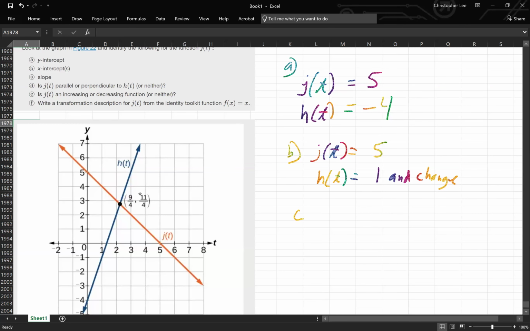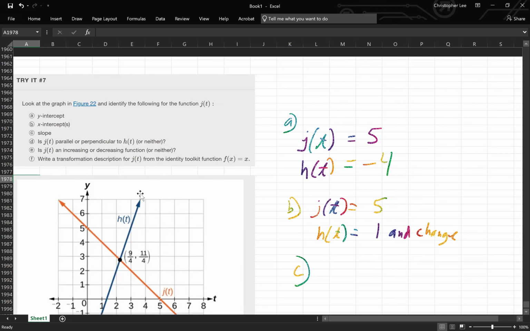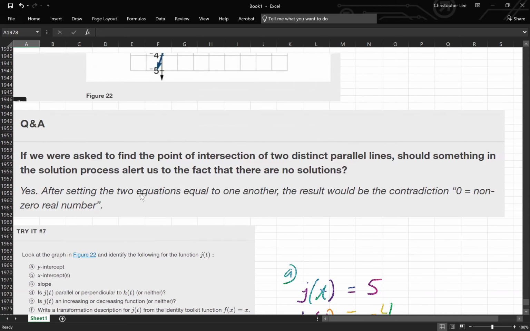A little bit harder. What's the slope? You can kind of cheat a little bit.